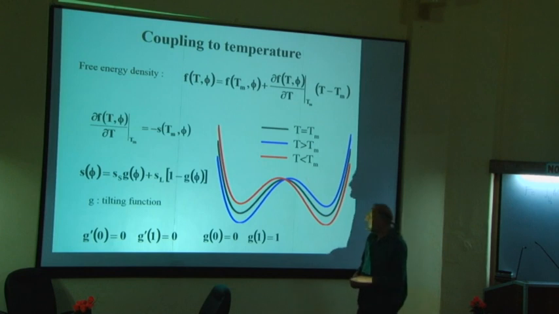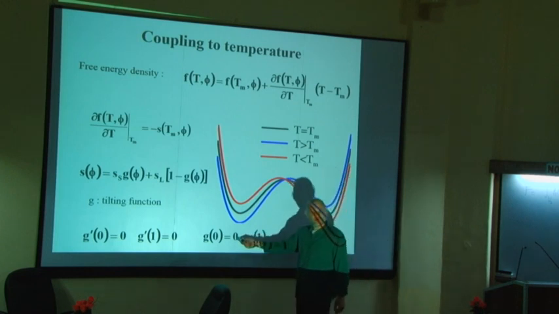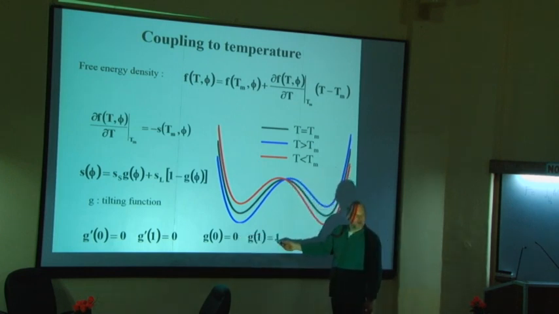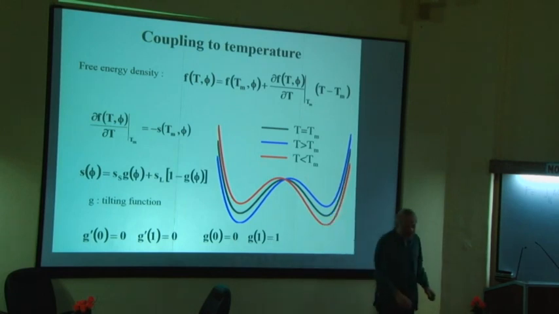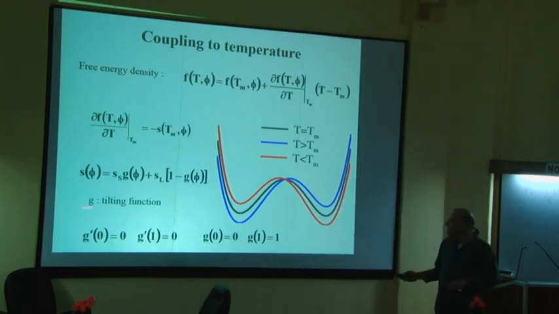that its value at 0 is 0, and its value at 1 is equal to 1, which means that for phi equal to 0, the entropy is that of the liquid. For phi equal to 1, the entropy is the one of the solid. Okay? And I also require that the derivative of this function at 0 and at 1 is 0.